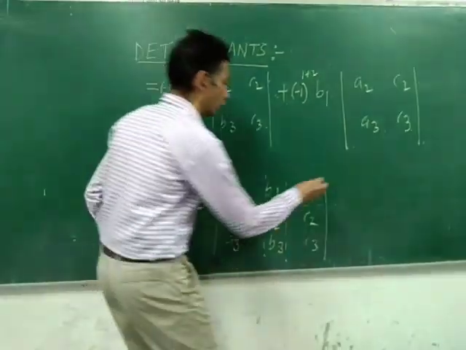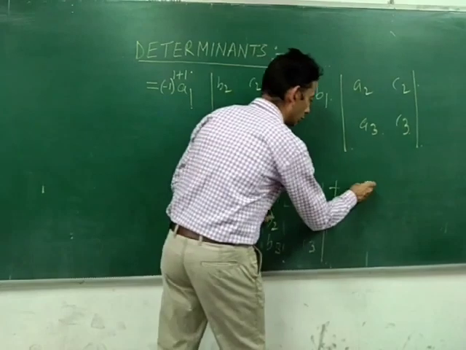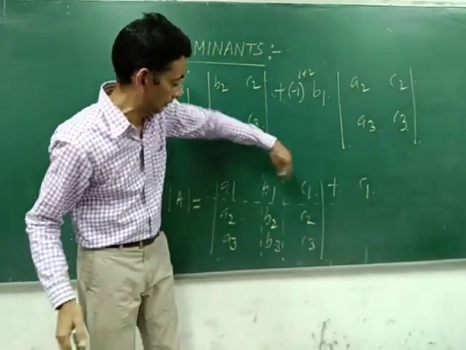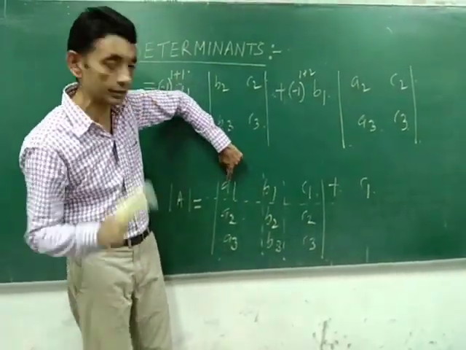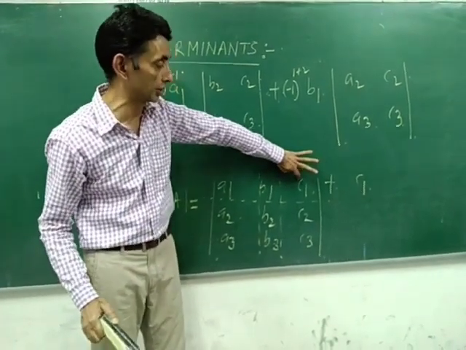Now plus. If we expand along c1, what is the position of c1? The first element is the 1, 1 position element, the second is the 1, 2 position element, and this one is the 1, 3 position element.